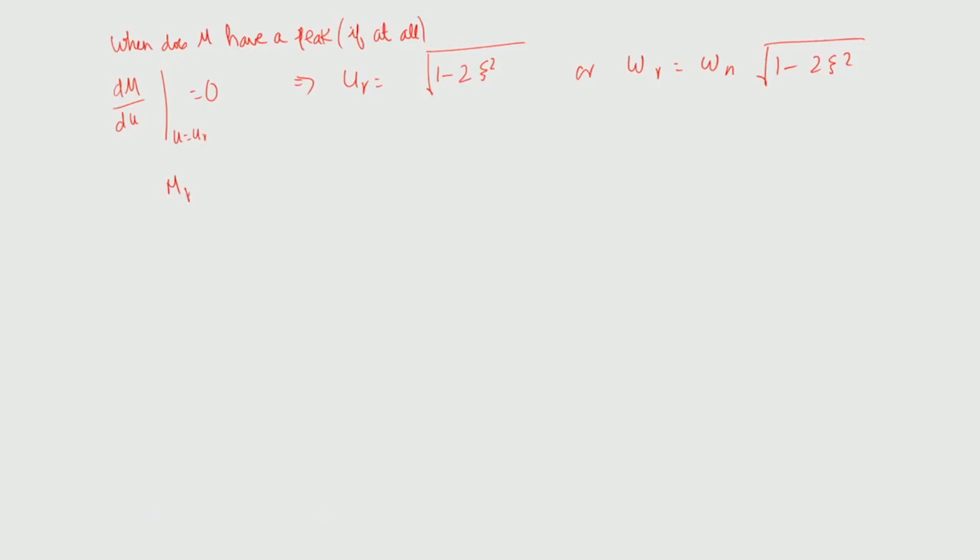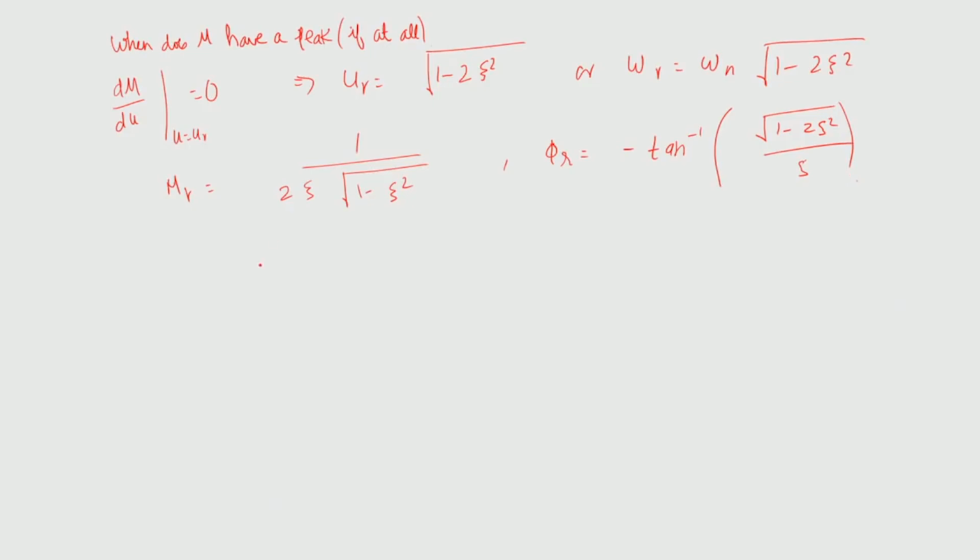That mr is 1 over twice zeta square root of 1 minus zeta square, and similarly phi of r is the negative of tan inverse of square root of 1 minus twice zeta square over zeta, right. Okay, so what do we observe from here?